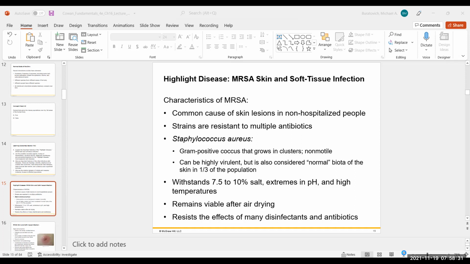Most frequent areas of these are going to be on the face, on the trunk, on the extremities, or on the perineum. Now, since Staphylococcus aureus is found on the skin and can be spread among family members, it's very important to prevent this from spreading, that people wash their hands and they don't touch the lesions.